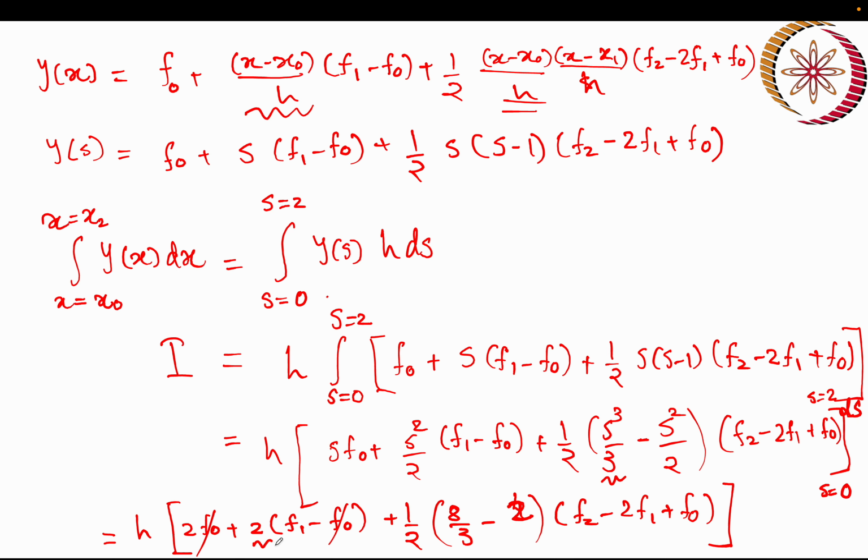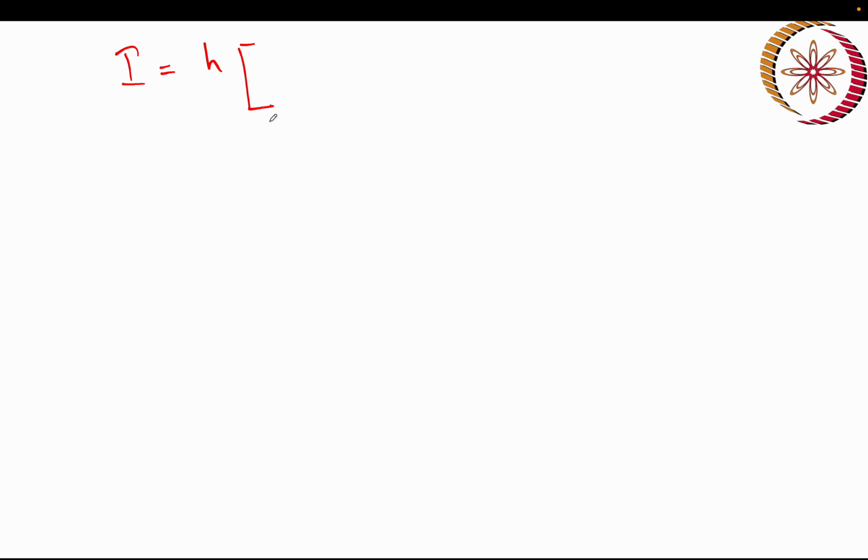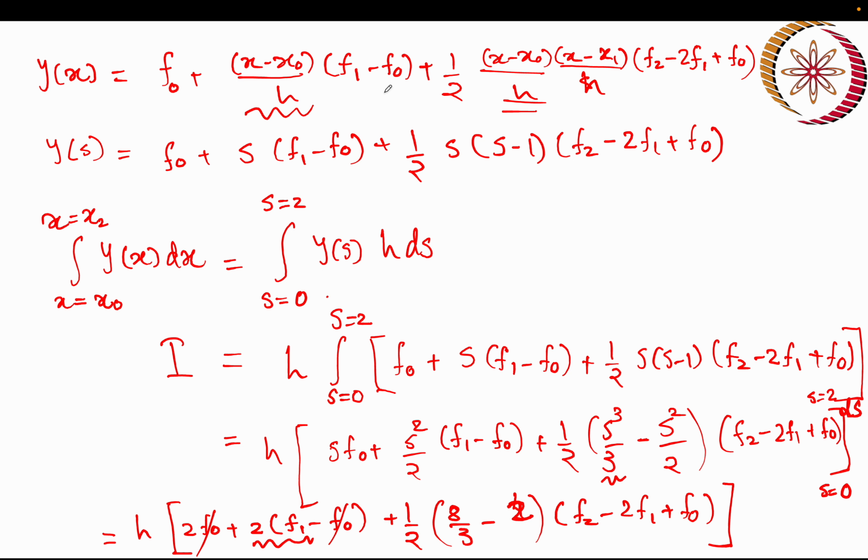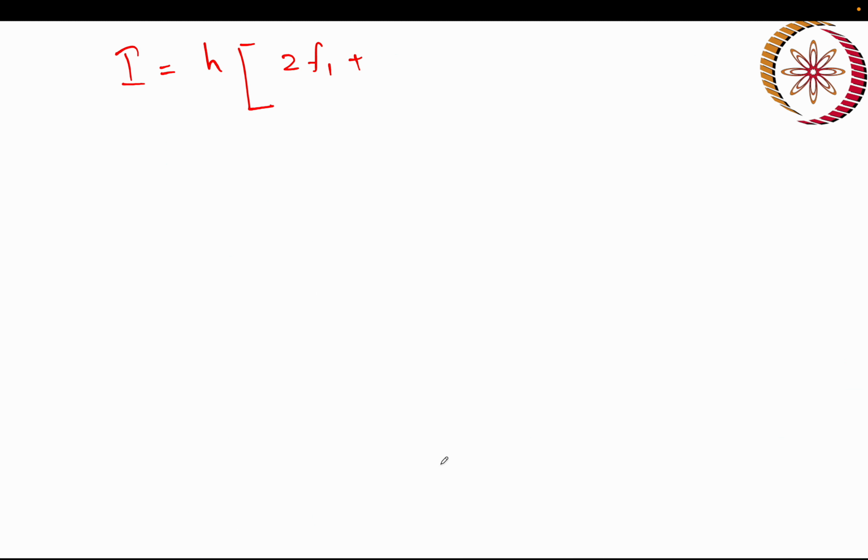So the integration is equal to h in bracket, so we have 2 f1 plus, this will be 4 by, this will be 6, 8 minus 6 will be 2 by 3, and 2 will get cancelled, so this will be 1 by 3, plus 1 by 3, and the next part is constant, which is (f2 minus 2 f1 plus f0).